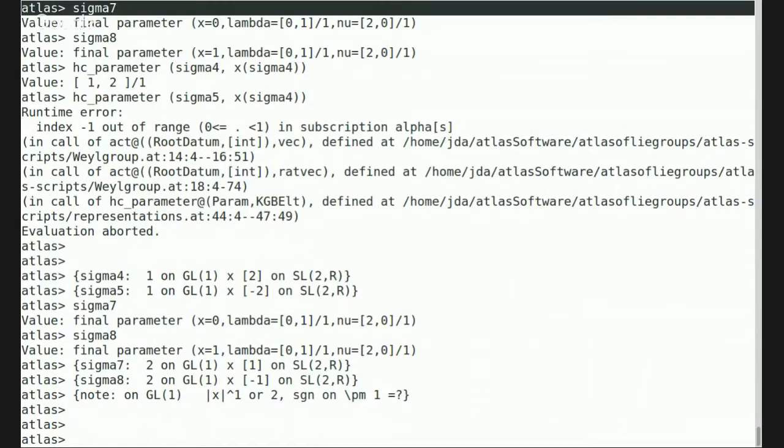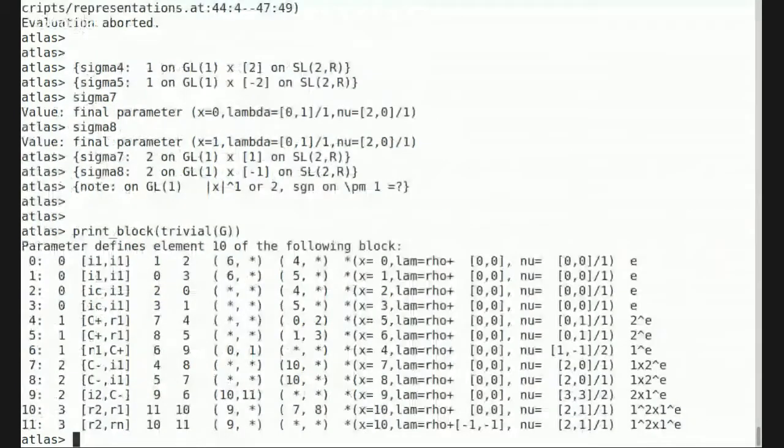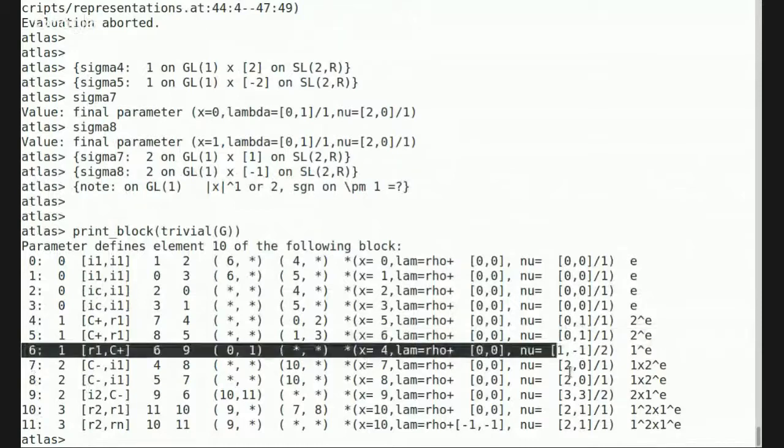And before I answer Brian's question and take a break for the first hour, let me look at the other Cartan. So let's look at the block of the trivial representation of G again. We've understood everything now except for 6 and its mate, I believe, 9.